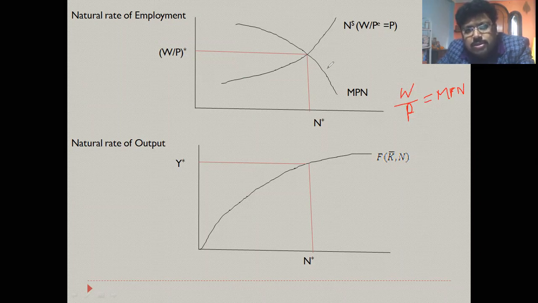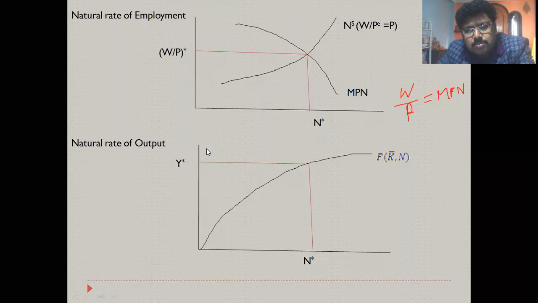So this line represents the marginal productivity of labor. Okay. Now, on the basis of this, this is the natural rate of employment.